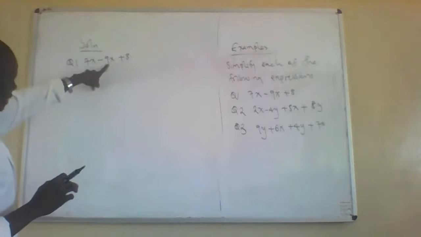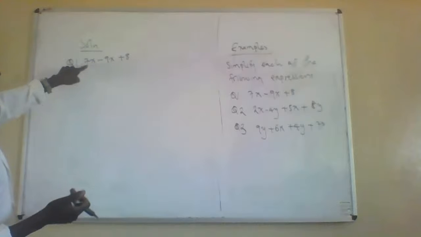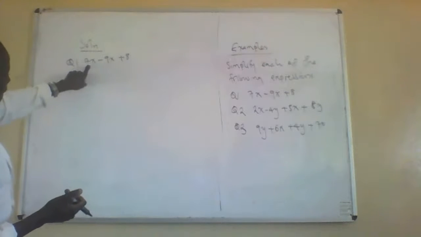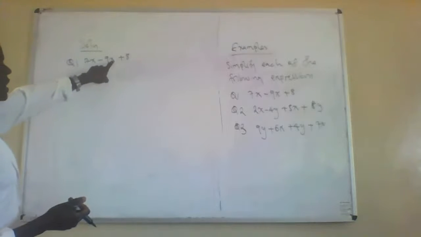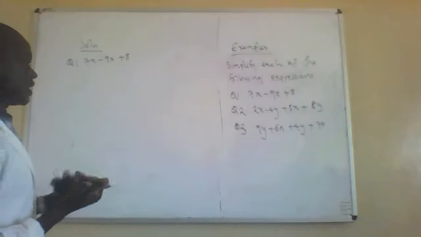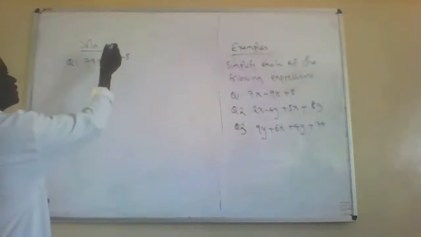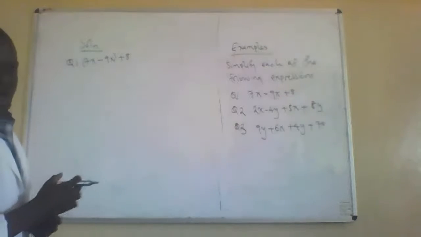We're going to deal with these terms that are alike, because this one has a coefficient as well as a variable, the power 1. This one also has a coefficient and the variable, which is a power 1. This one is a constant, does not have the variable. Therefore, these terms are the ones that are alike that we're going to add.